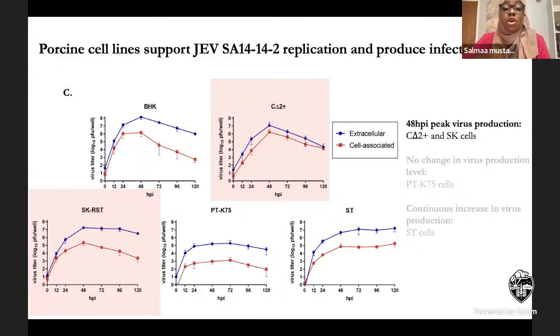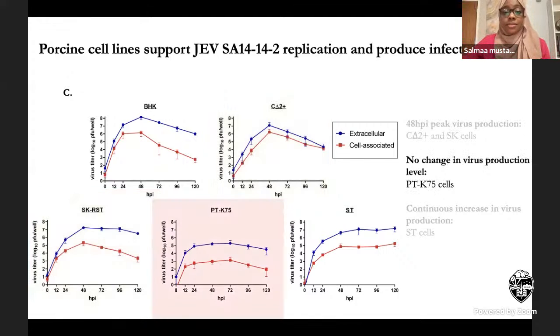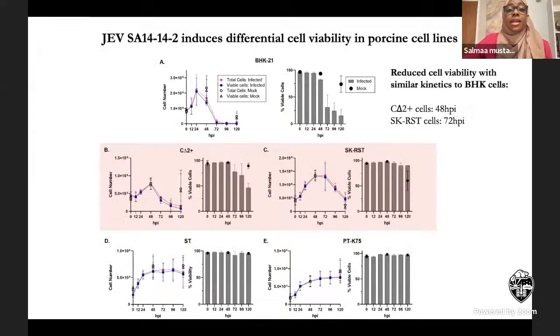So if I'm trying to quantify the signals of JEV proteins within the cells of macrophages, and I have this graph, my best bet will be at 48 hours post-infection. So that's how you begin to think about your next steps and the next questions you're going to answer for your experiment. Okay, here we're looking at the survival of cells after the different hours post-infection.